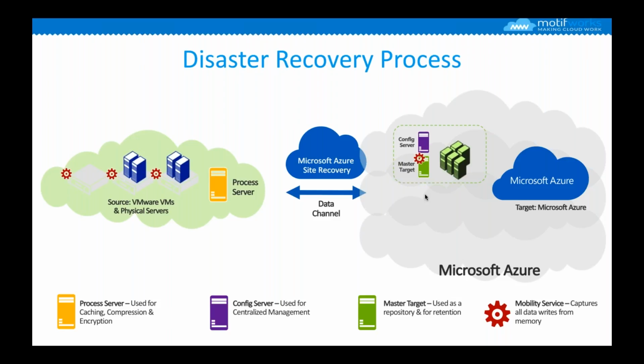That process server is again responsible for receiving data from protected machines. It optimizes it with caching, then it also performs encryption, and then sends it over to Azure storage. One of the other things that this process server, which is running inside a configuration server, does is push the installation of the mobility server.